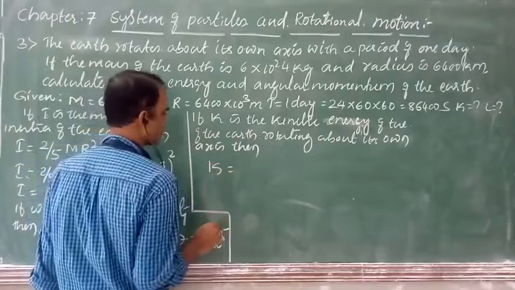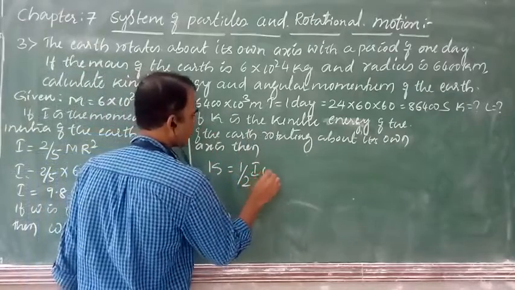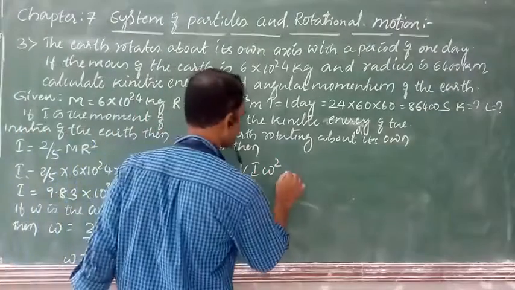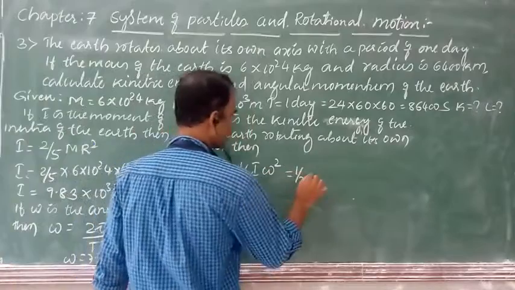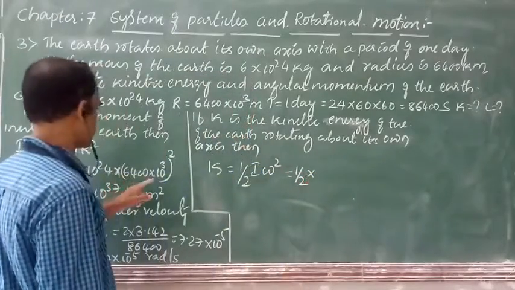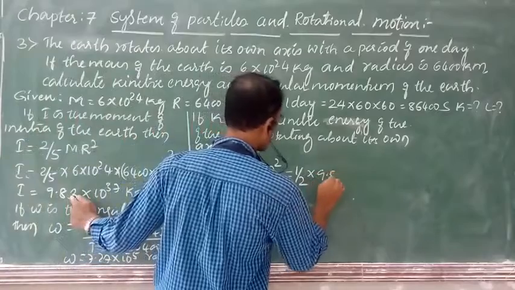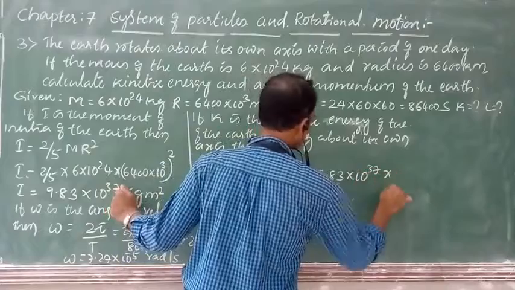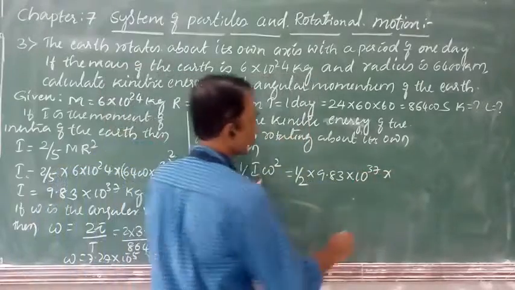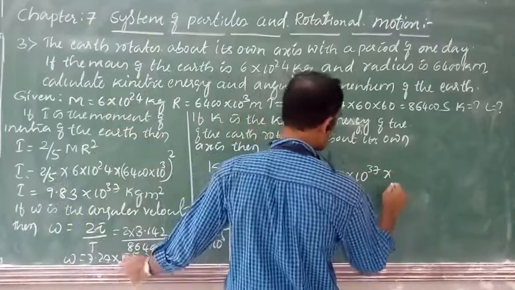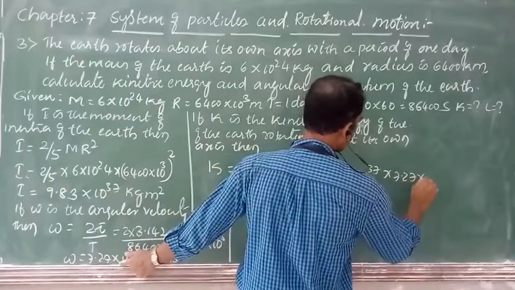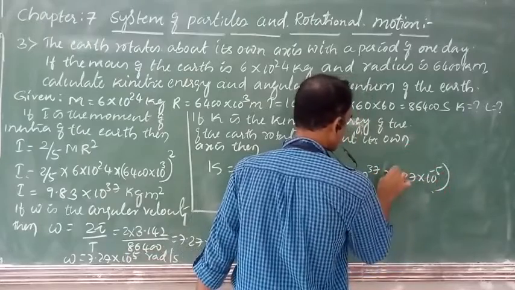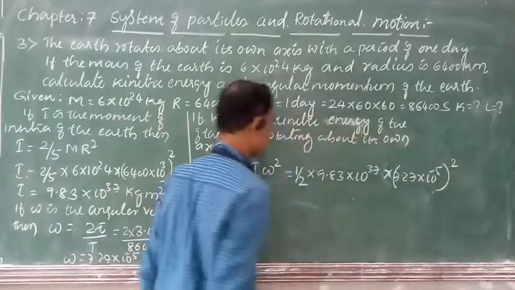Then K = ½ I ω², which is ½ × 9.83 × 10^37, the moment of inertia we just got, × ω², where ω is 7.27 × 10^-5, squared.